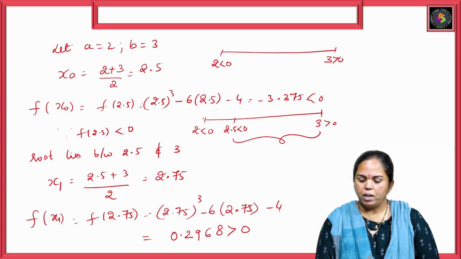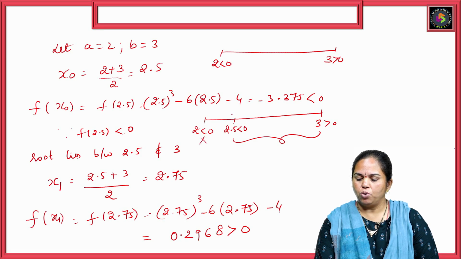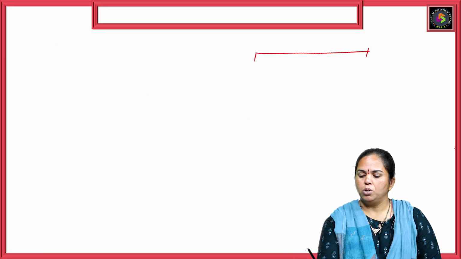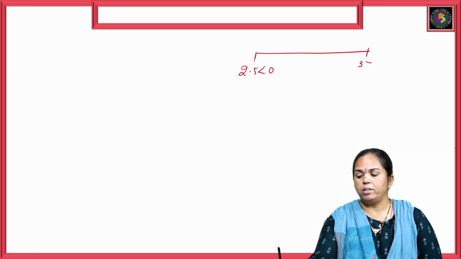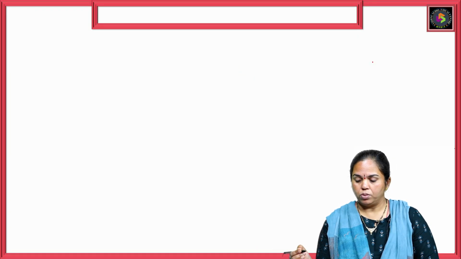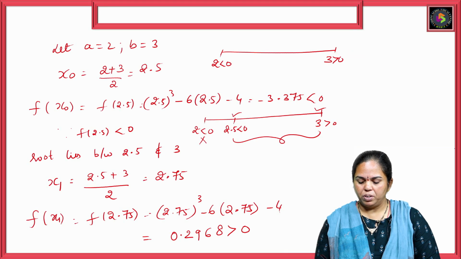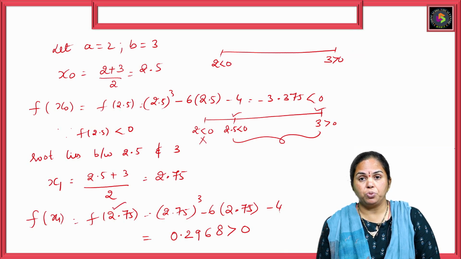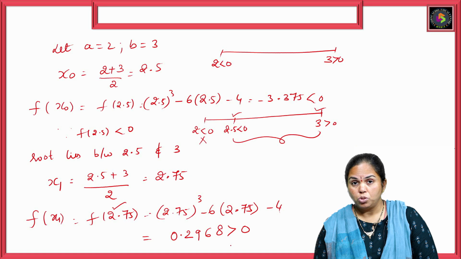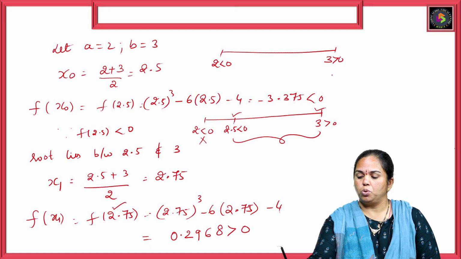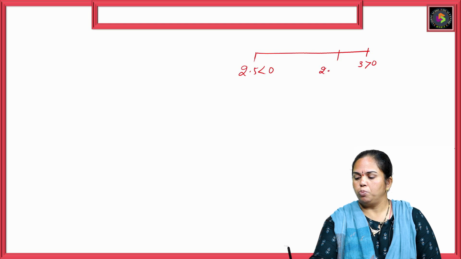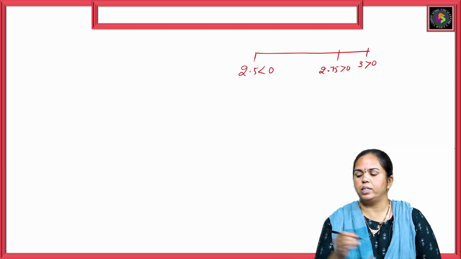Now again we'll draw the number line. Now we can exclude this value. We have to include only these two values on the number line. So 2.5 less than 0 and 3 greater than 0. Now what is this 2.75, is it positive or negative? Positive value. So which side should it be? It should be on the right-hand side. 2.75 greater than 0.